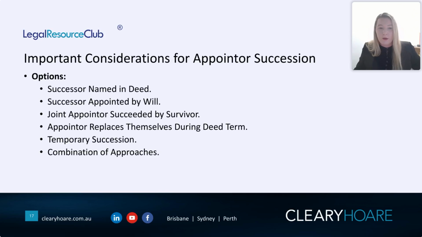And then you can also appoint successor appointors, so that on the death or the incapacity of the first principal, the other named people will take over that position. You can also have it so that the principal can appoint their successor under their will, and you would normally specify that within the trust deed.